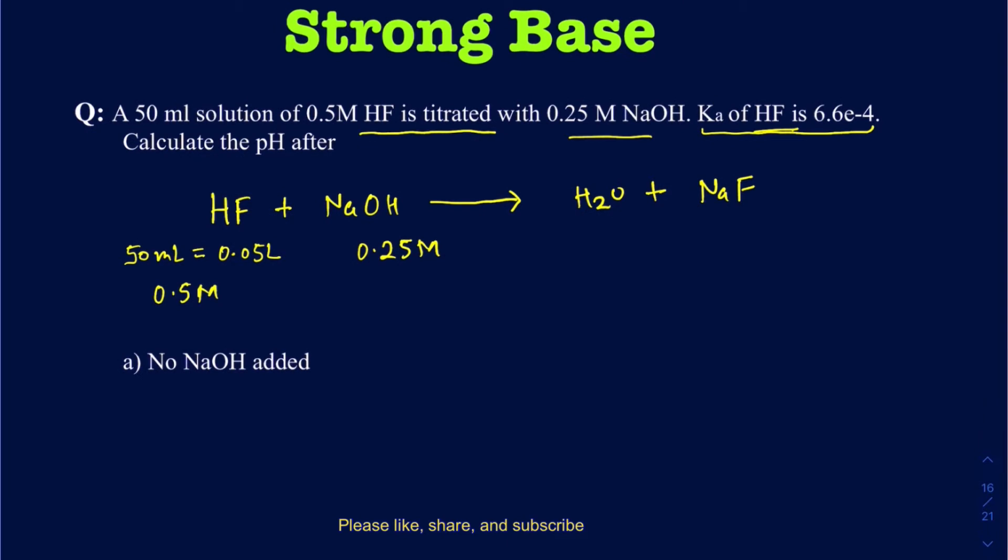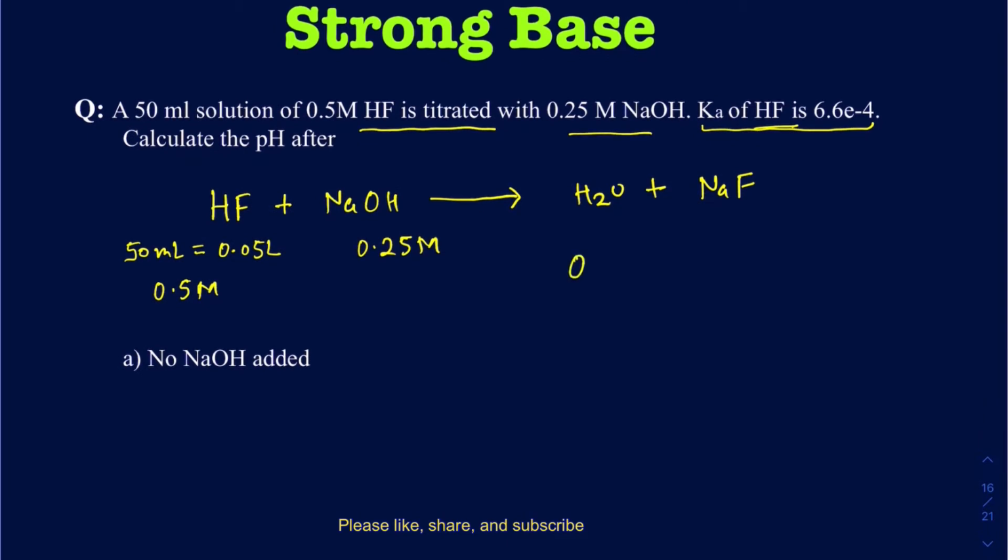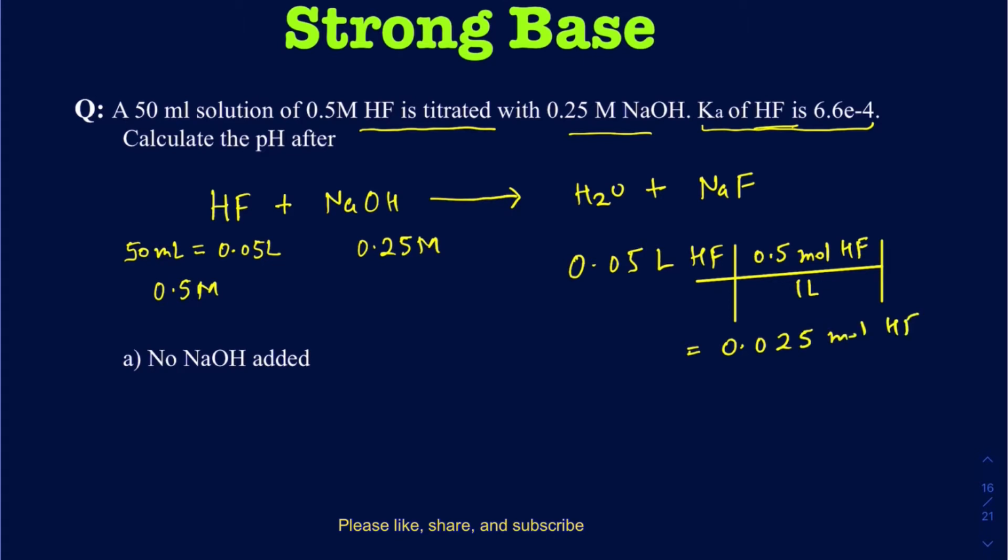So to find the moles of HF, I would do 0.05 liters of HF solution, and then use the molarity, which is 0.5 moles of HF per liter. So that's going to be equal to 0.025 moles of HF. So that's going to be your initial moles of your HF acid.